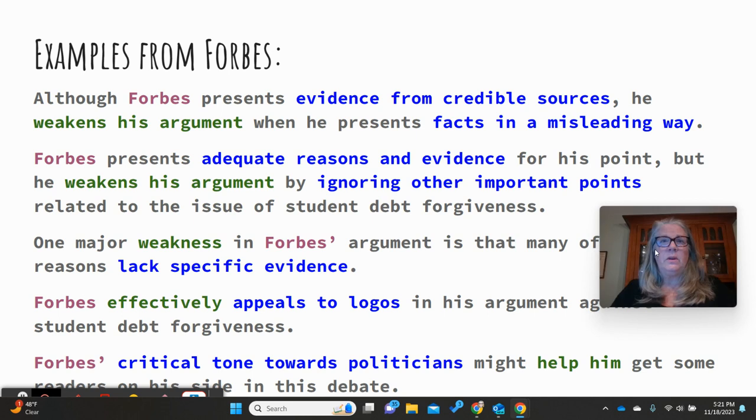You'll see these on the Google Doc that I share with you, where I'm showing how I would evaluate the Forbes article that everyone's pretty familiar with. So this is what my topic sentences might sound like if I were going to write an essay about the Forbes article. Notice that in the pinkish purple, the author's last name is mentioned in all of these.